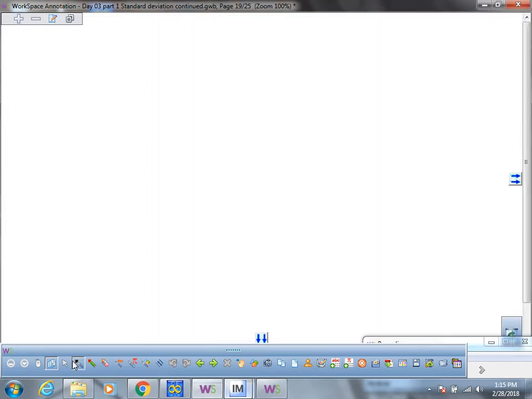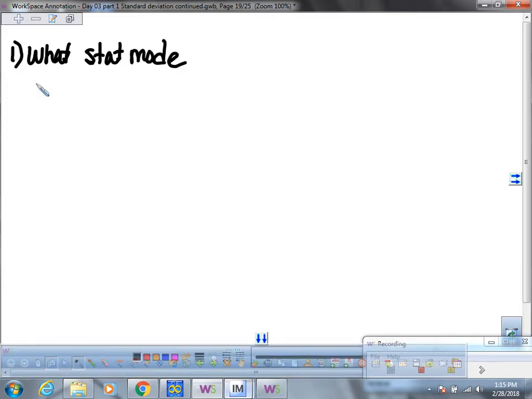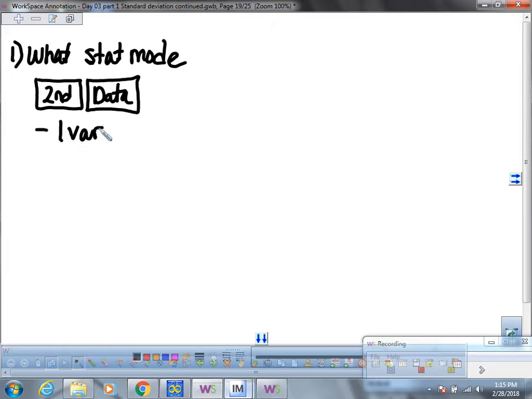So the first step is going to be stat mode. In order to get to stat mode, we're going to hit the button second, and then data. Then we're going to choose one variable, or var.